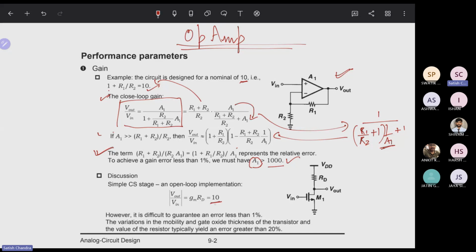However, we cannot guarantee only 1% error, because of the variation in the mobility, the gate oxide thickness and the value of the resistor. Typically we obtain an error greater than 20%, so it is not a very good thing. We need to find another way to evaluate these things, which we will see after going through the performance parameters.